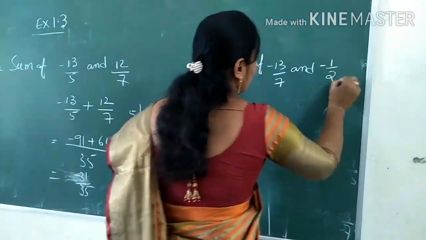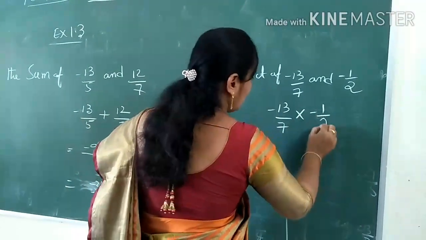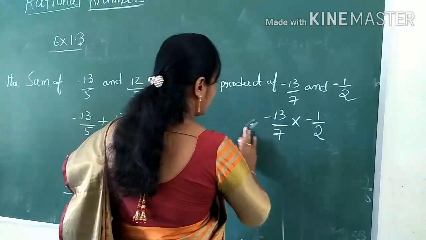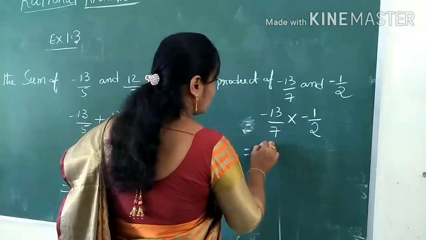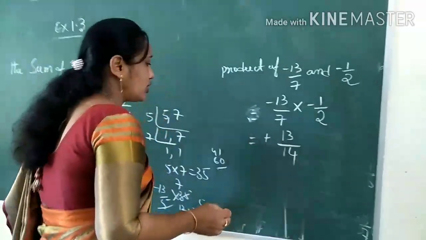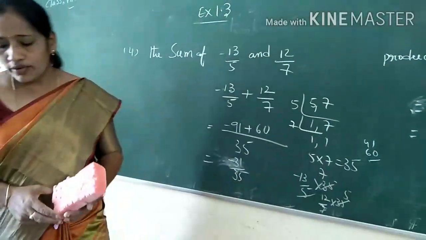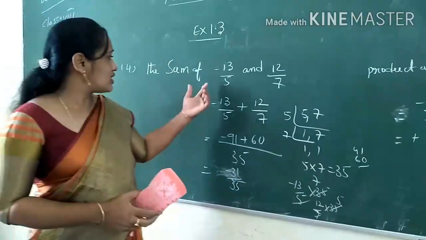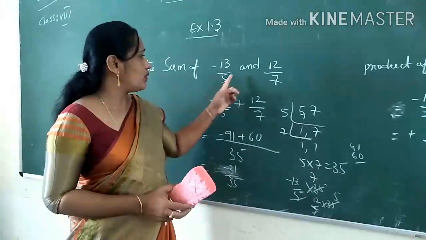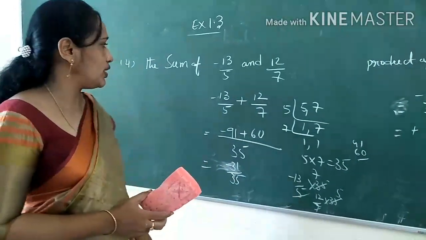Product means minus 13 by 7 into minus 1 by 2. Here minus into minus is plus, 13 by 14, since 7 times 2 is 14. Finally we divide the sum of minus 13 by 5 and 12 by 7 by the product of minus 13 by 7 and minus 1 by 2.